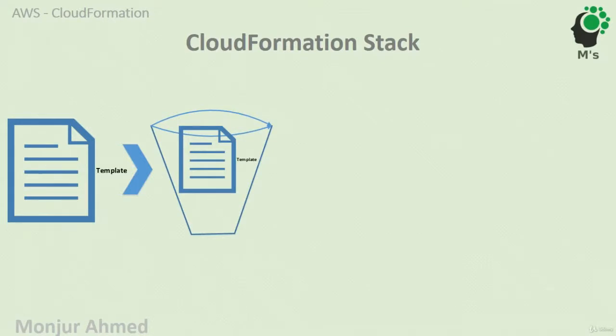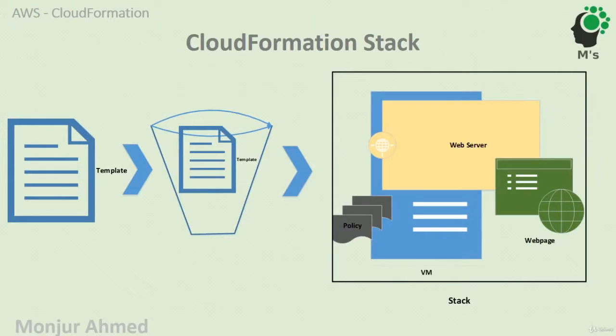Now, from the stored template, because in this template we gave instruction that we are going to have a virtual machine, on that virtual machine we will have a web server, and in that web server we will have, let's say, some web pages or one web page, and for all those things we have some associated policies.